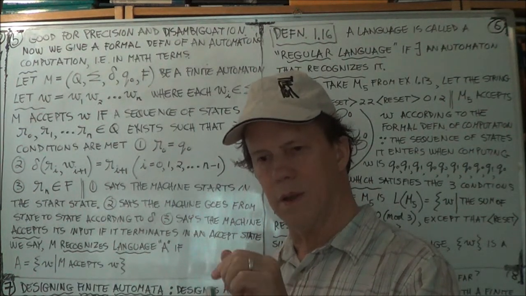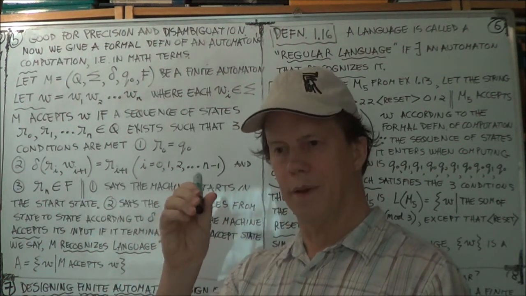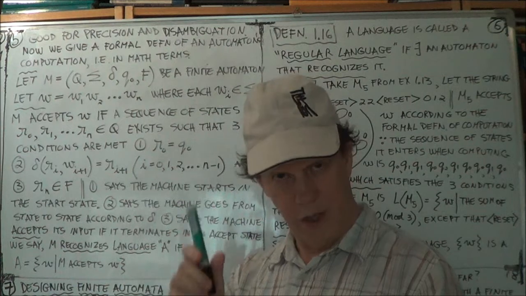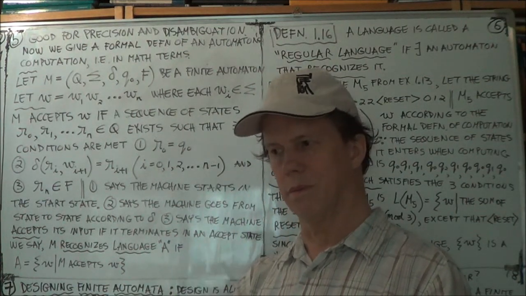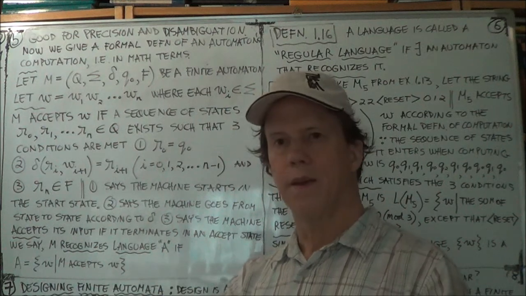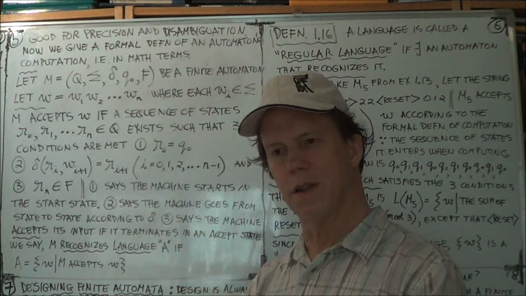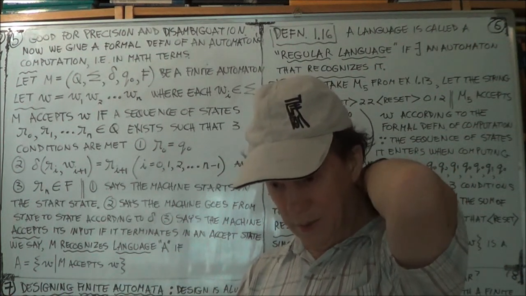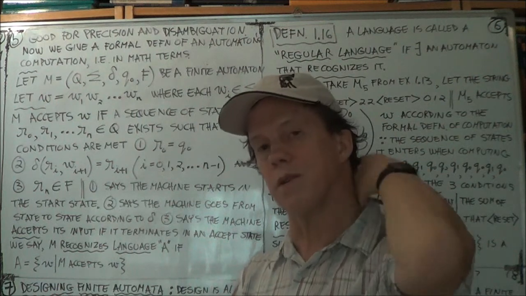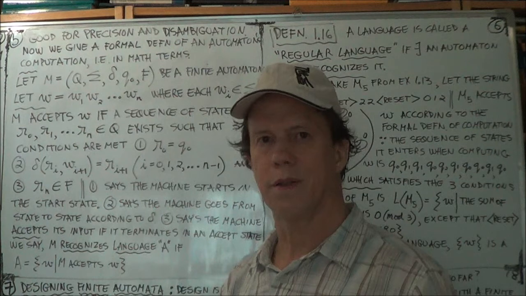So if it's in state I, and the input symbol it's reading at that moment is symbol S, let's say, it looks for I and S in the transition table and finds that the next state is J. So it switches to state J. That becomes the new current state.